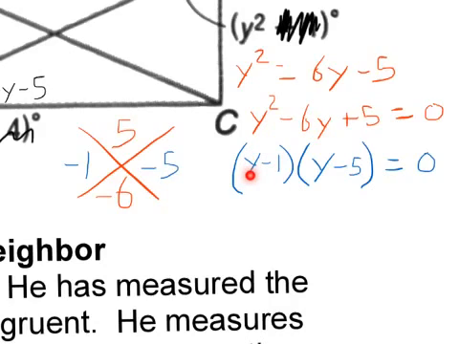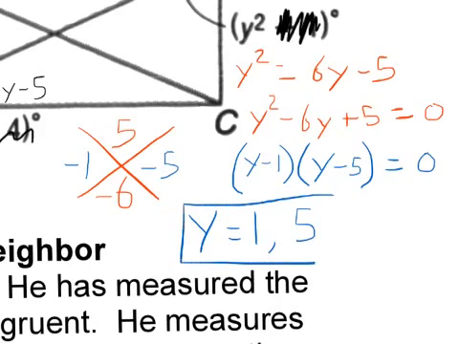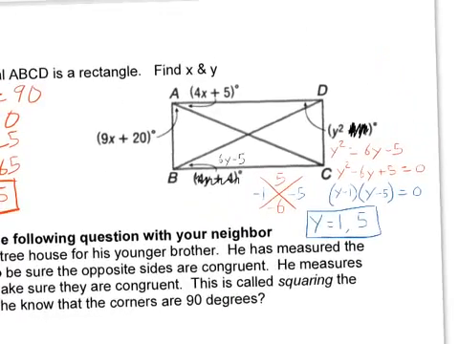If I put a 1 in for y, I'd get 1 minus 1. So my solutions are y equals 1. What else would make it 0? Well, look at this one now. I got y minus 5. If I put in a 5, I'd have 5 minus 5, making this 0. 0 times whatever this is, the whole thing would be 0. So there's two solutions that make this 0: 1 and 5.